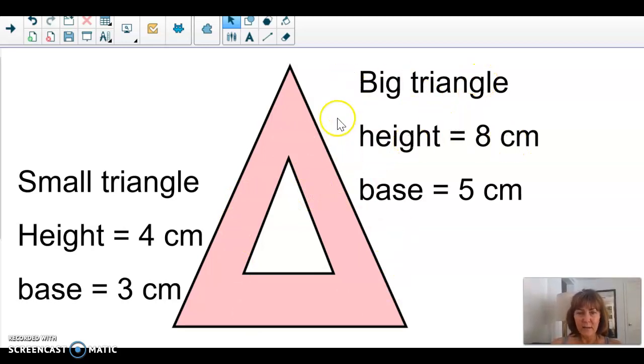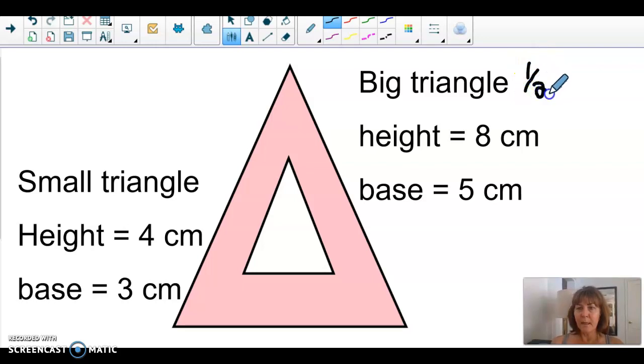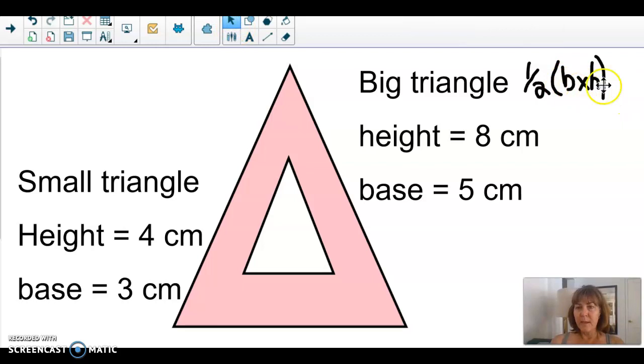Its height from here to here, the very bottom, is 8 centimeters. The base, of course, is from here to here. So if you remember the formula for the area of a triangle, it is half of the base times the height. Okay, so let's go to the base times the height first.